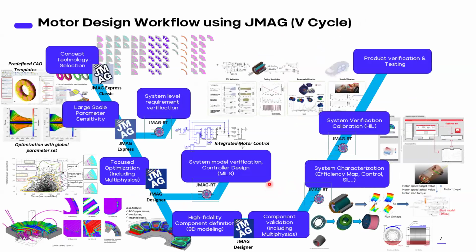Next is the design workflow, and how JMAG's workflow works as a V cycle. The purpose of this V cycle is to reduce the number of prototypes and reduce the time to market. As I mentioned, for concept and technology selection, we have software called JMAG-Express Classic and JMAG-Express. Both are analytical tools.